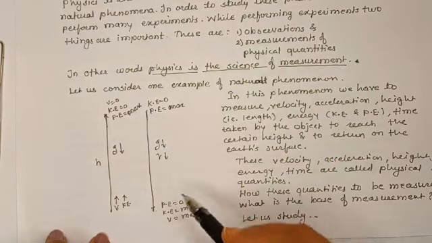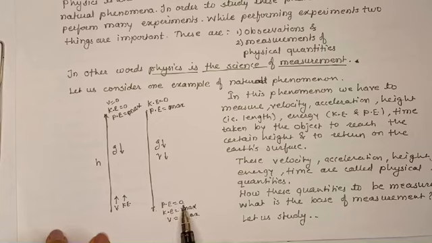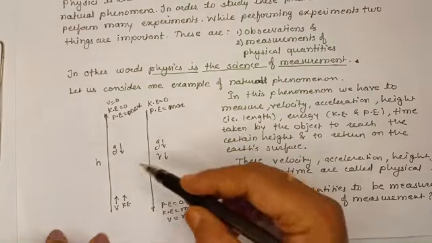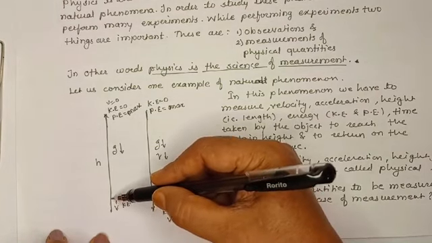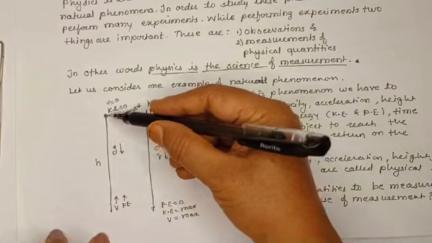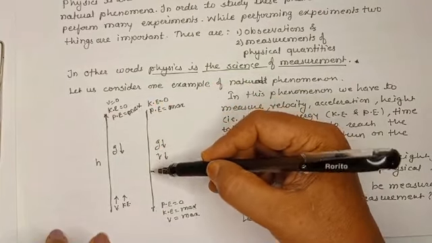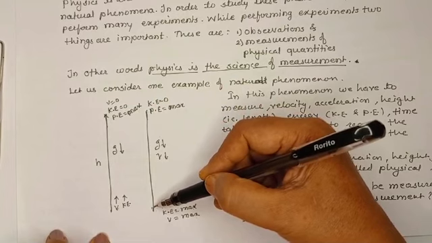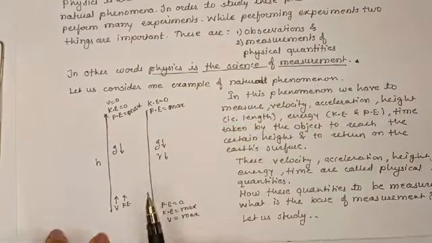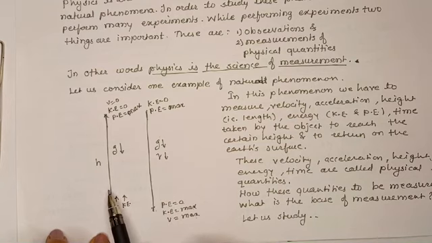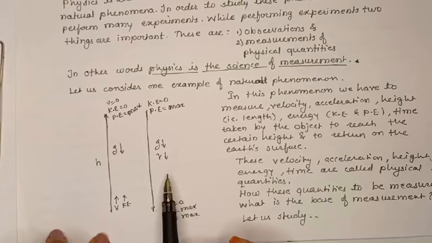When it strikes the ground surface, its potential energy becomes zero, kinetic energy becomes maximum, and velocity becomes maximum. In this phenomenon, during upward motion, kinetic energy is converted into potential energy, and during downward motion, potential energy is converted into kinetic energy, because we know that energy can neither be created nor destroyed. It is converted from one form into another form.